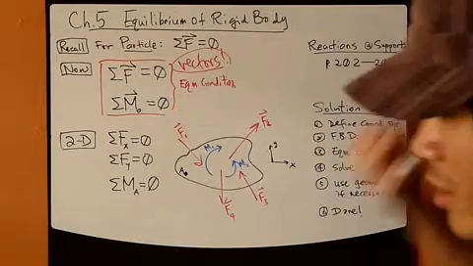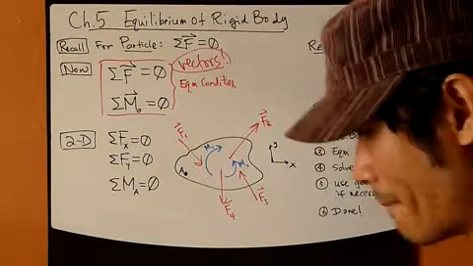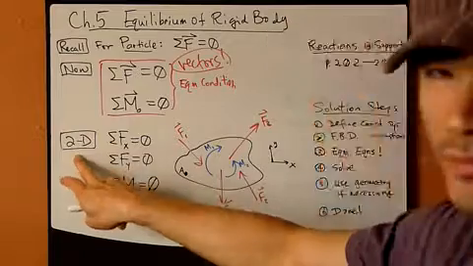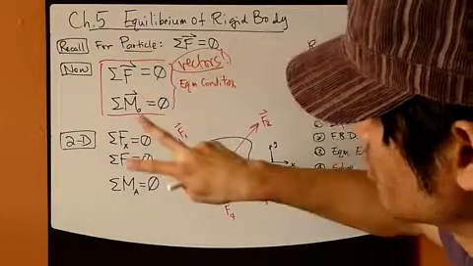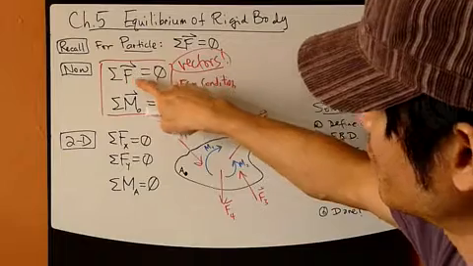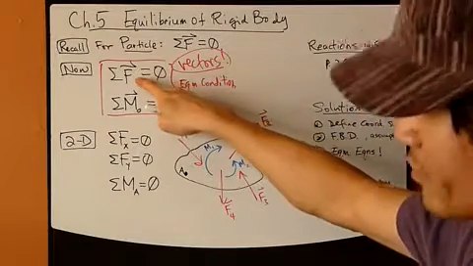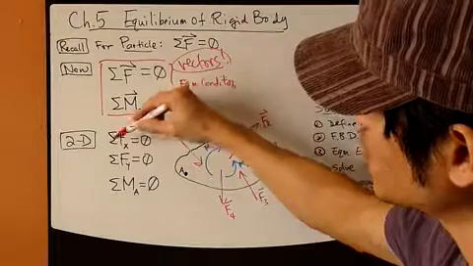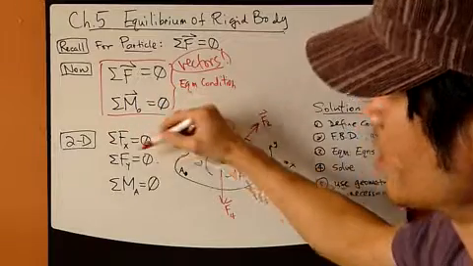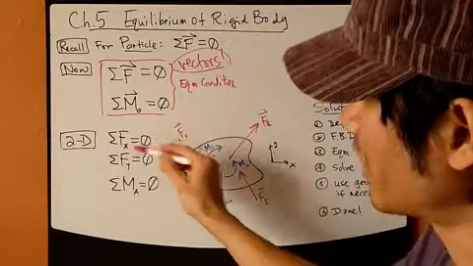So let's consider maybe the most simple case, 2D. In 2D space, these two equations will reduce to these. The sum of forces equation will have x and y components, so each equation is now a scalar equation, and you can plug in numbers.